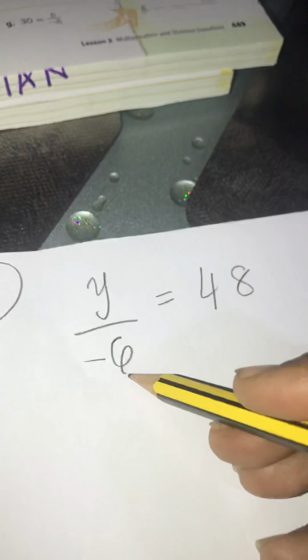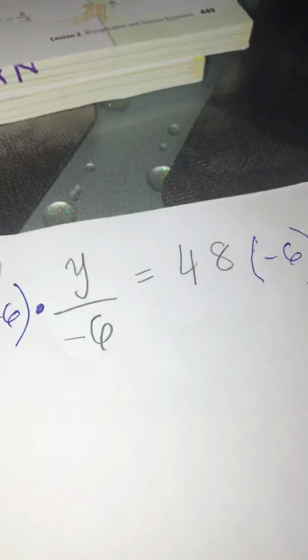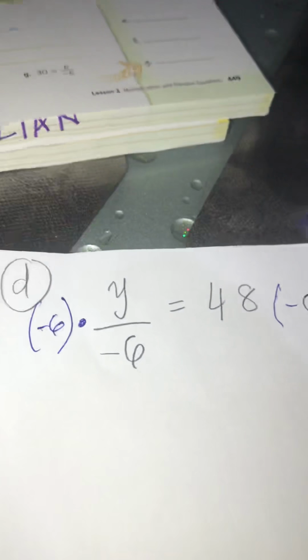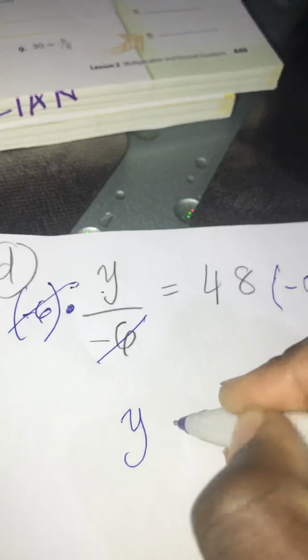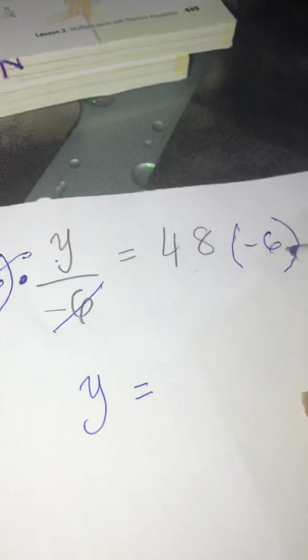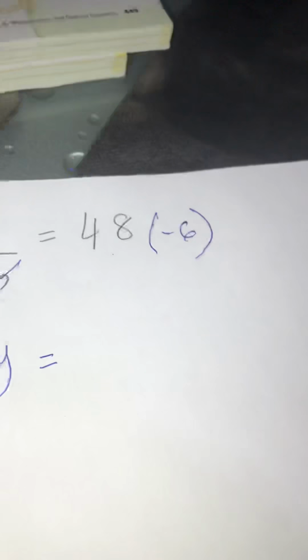Since I am dividing, I am going to multiply. Okay? So you will multiply both sides by negative 6. This 6 and this 6 go away. You're left with y. 48 times negative 6. You will do that.